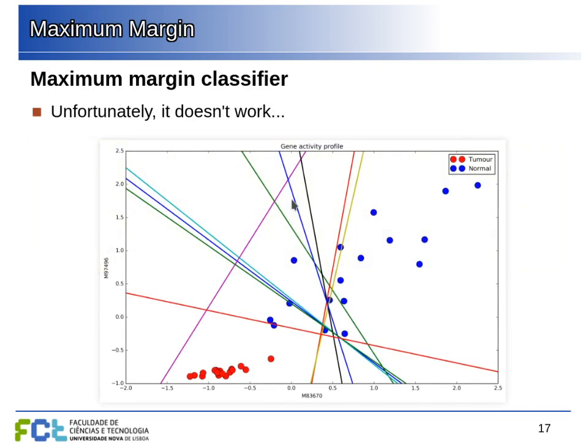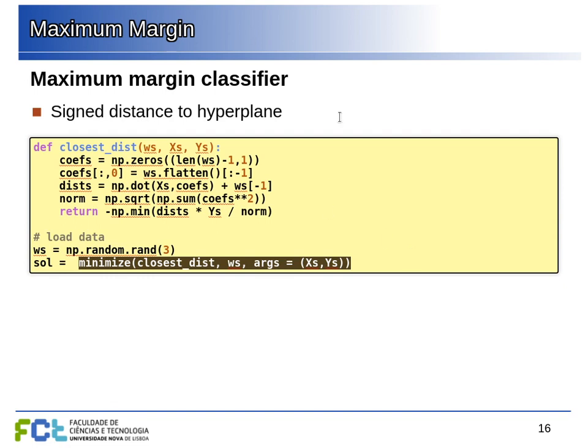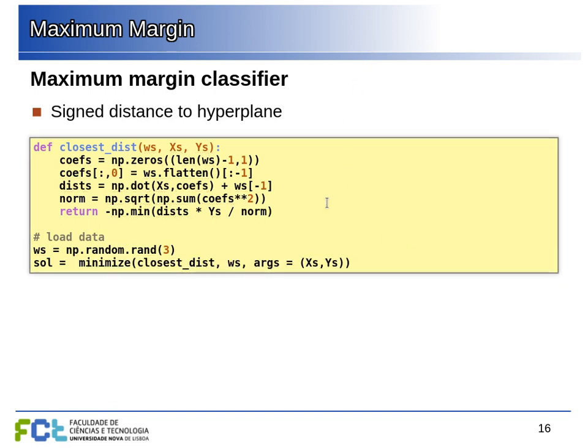If you run this several times, this will give you complete nonsense results, because this minimization function simply cannot find the optimum value. And the reason for this is that remember, when we talked about minimization, we are sliding down the gradients of a function until we find the minimum.